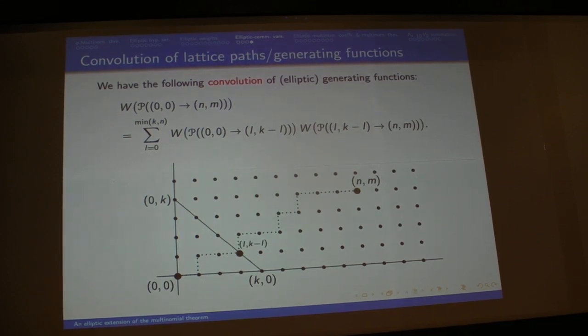The path has to cross this diagonal somewhere, and the generating function for paths ending in here has a nice closed form, those here have a nice closed form, so you have products everywhere. And the sum, these points can vary, that's why you have a sum on one side, okay.